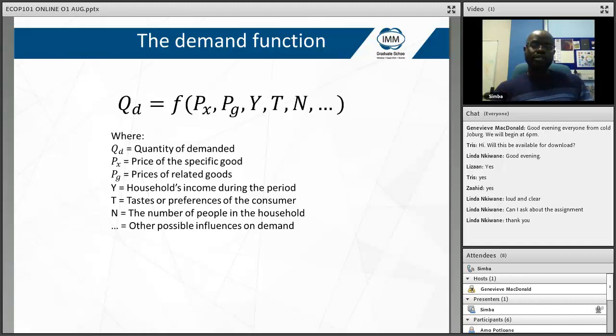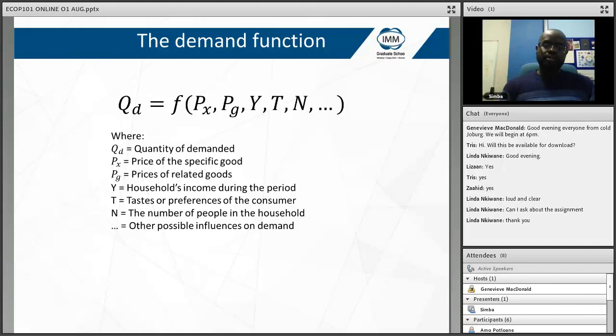When you talk about related goods, you're talking about substitutes and complements. The income of the consumer, taste and preferences, the number of people in the household or the size of the population, those they represent, and other determinants that could influence demand.